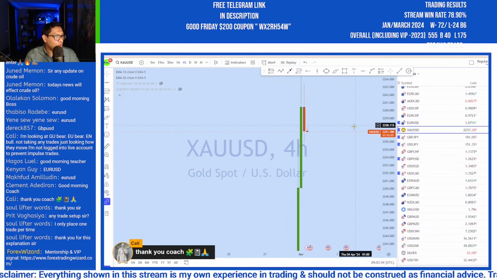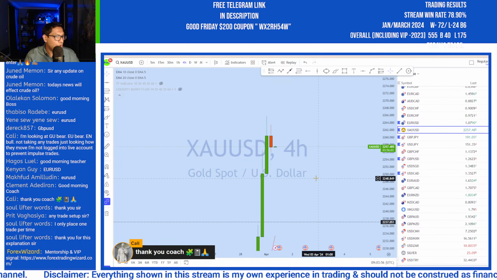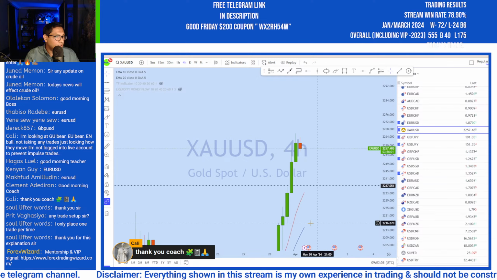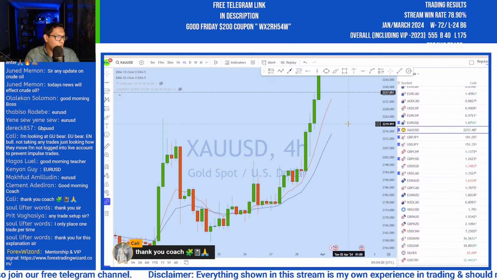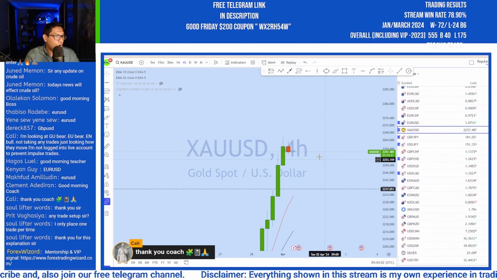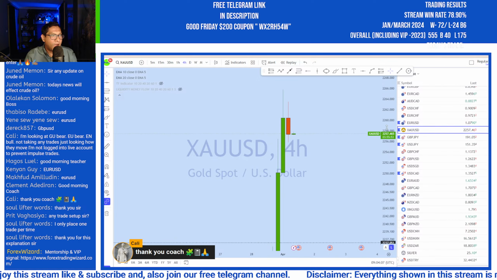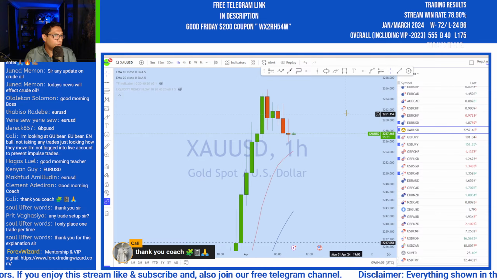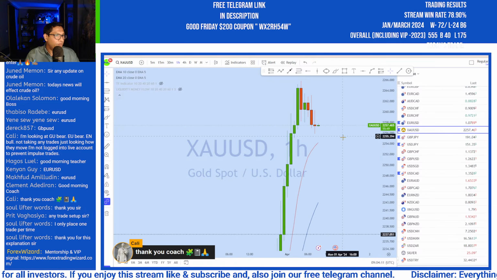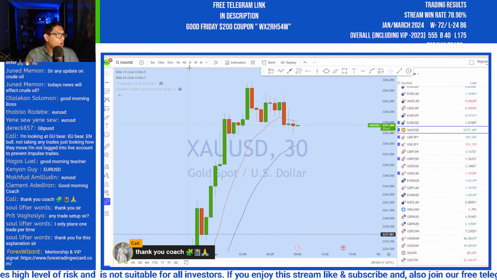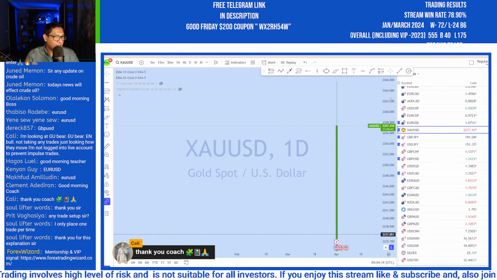If we look at a bit deeper pullback, this is a big move on gold and it's now on a pullback. We might see with the news, the market might change sentiment a little bit. Before the news, if we see that gold is dropping for a deeper pullback, with the news we might see again continuation to the upside.